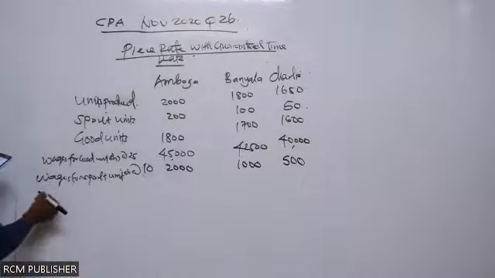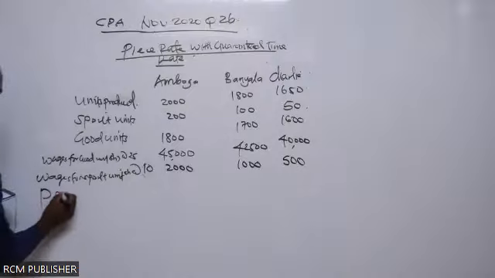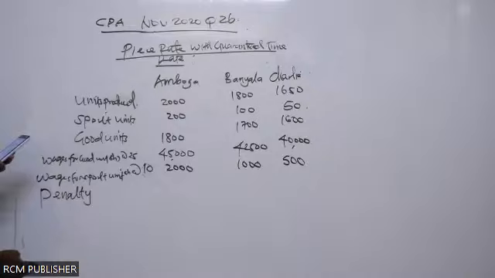Then we have what we call now penalty. Penalty is coming in at what percentage or at what rate? A penalty of 8% is charged based on the rate of the good production.